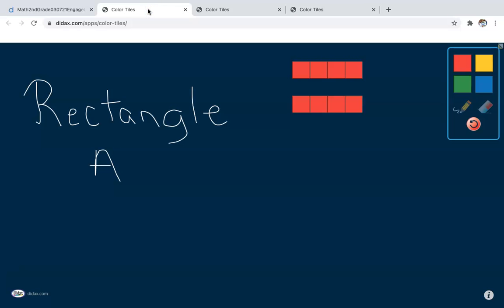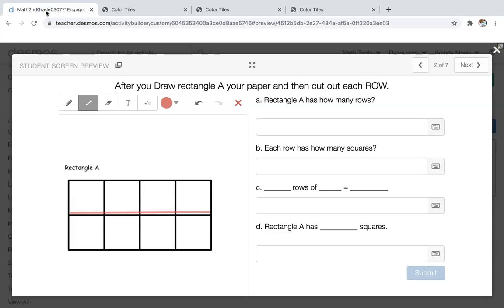So here's rectangle A. And you can see I have the 2 rows, row 1 and row 2. So I have 4 plus 4 equals 8. We know we have 8 tiles. So let's go back to our lesson and let's put those numbers in.